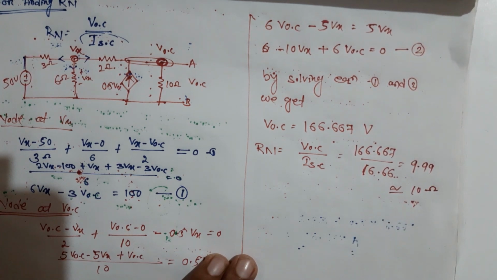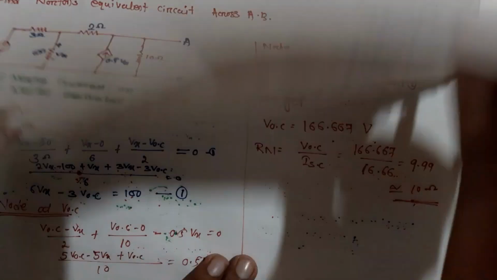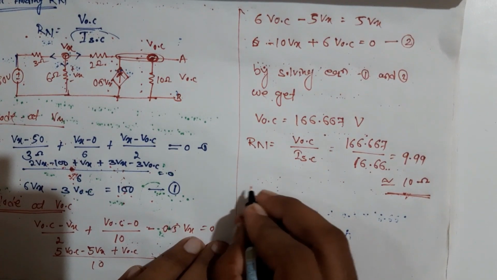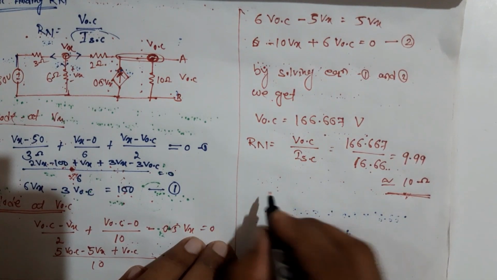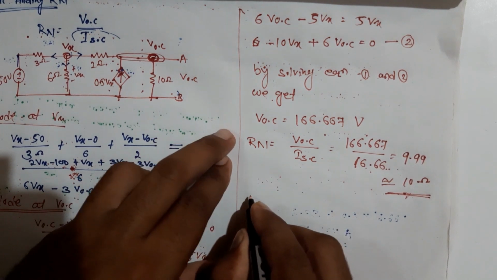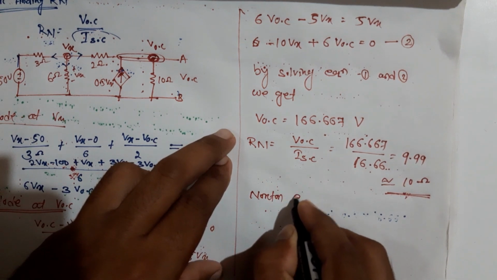Finally we got Rn and IN, so we draw the final Norton equivalent circuit.